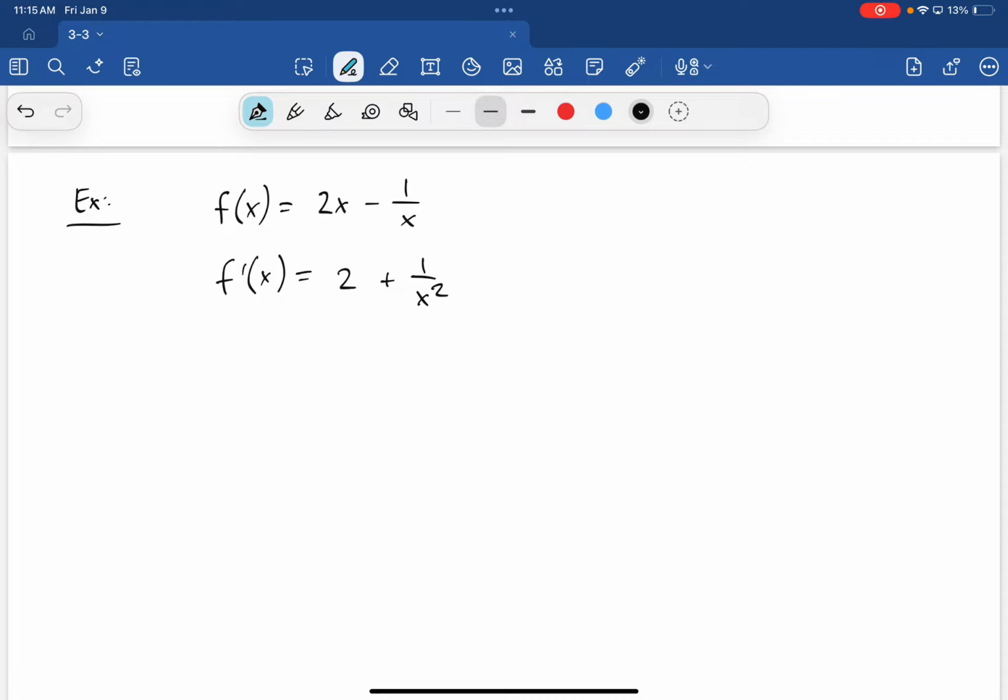All right. So it's going to be increasing wherever this derivative is greater than 0. And so we're trying to solve this inequality now: 2 plus 1 over x squared greater than 0. Notice how we have a greater than and not a greater than or equal to, because it has to be positive and not just non-negative. And so now we're trying to solve for those values where 1 over x squared is greater than negative 2, right?